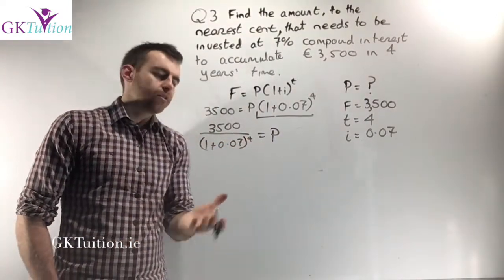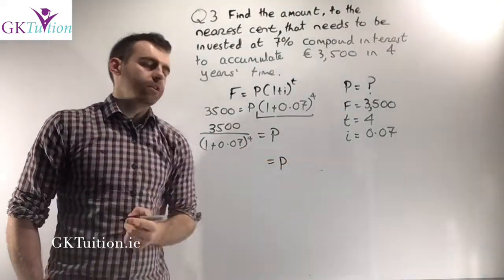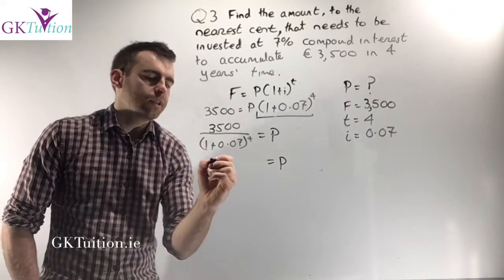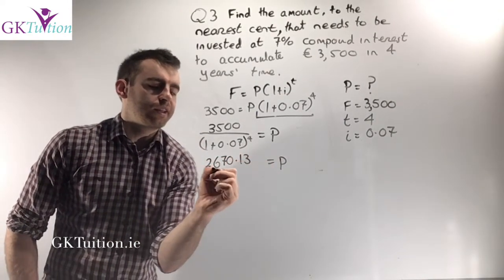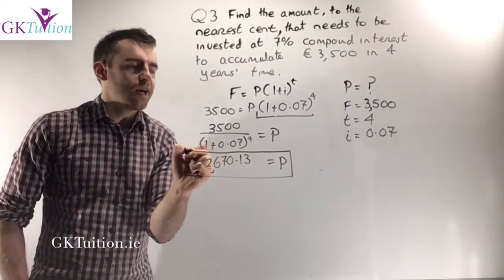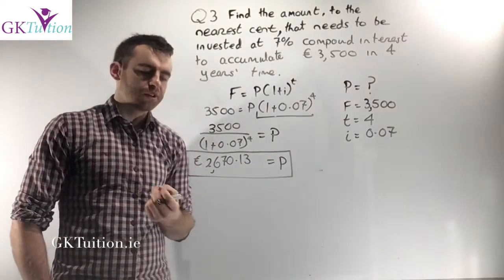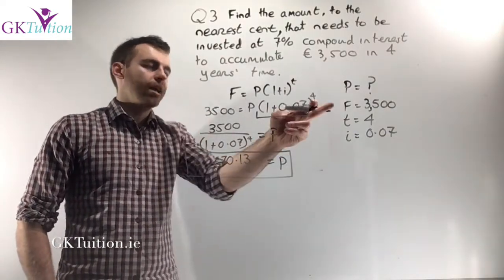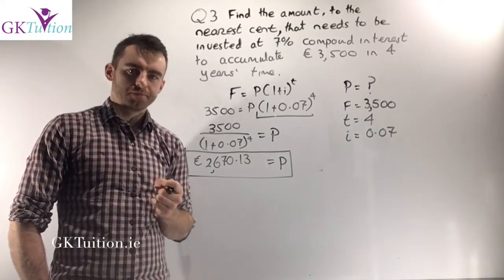And now I'm happy out, so I can just plug all this straight into my calculator. Your final value in this case works out as €2,670.13. If you invested that much money in an account and left it there for 4 years, earning 7% compound interest, after 4 years you would have €3,500. So that's your final answer for question 3 here.